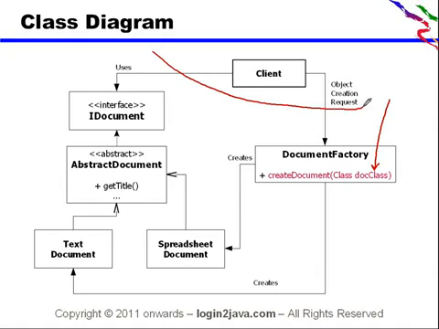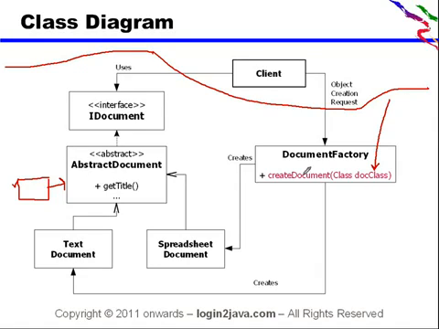The remaining portion is the same as what we saw in the data driven factory: iDocument, abstract document, text document, spreadsheet document. Now we need to have a Word document. We need not modify any portion of the existing code. We just create a new class that will work on Word document and inherit the abstract document, which in turn implements iDocument. That's all.